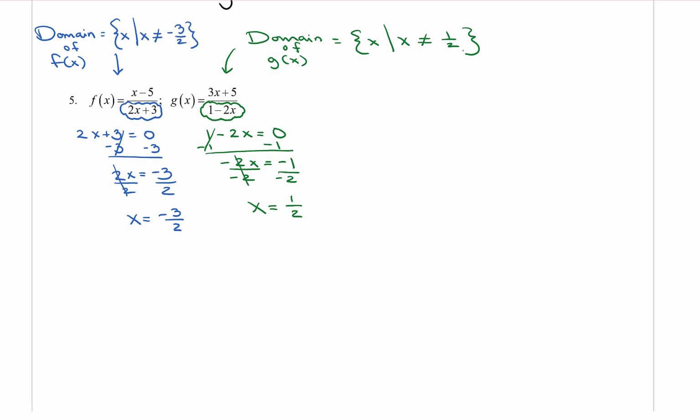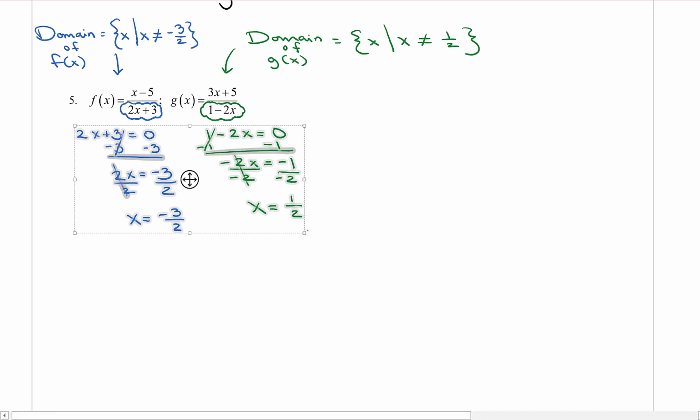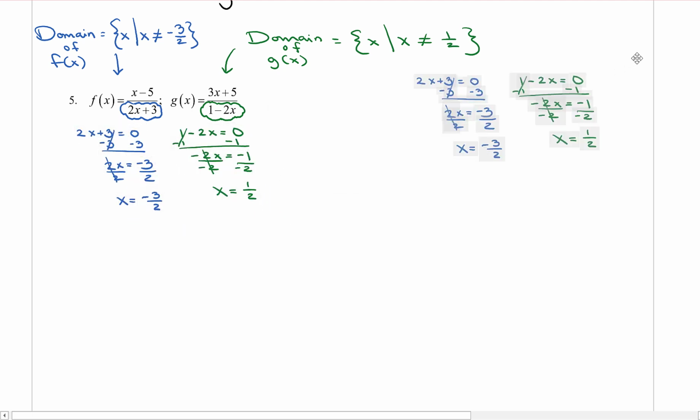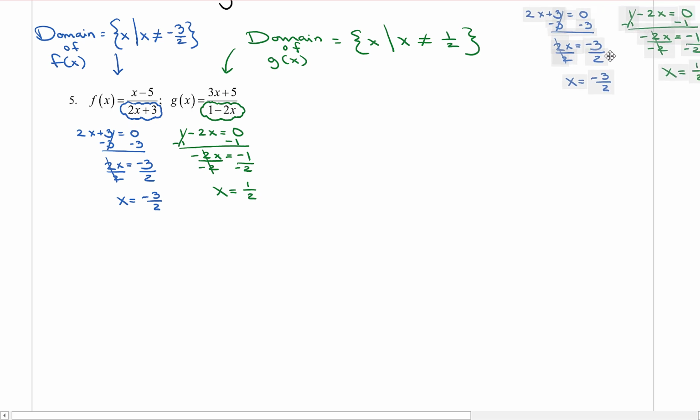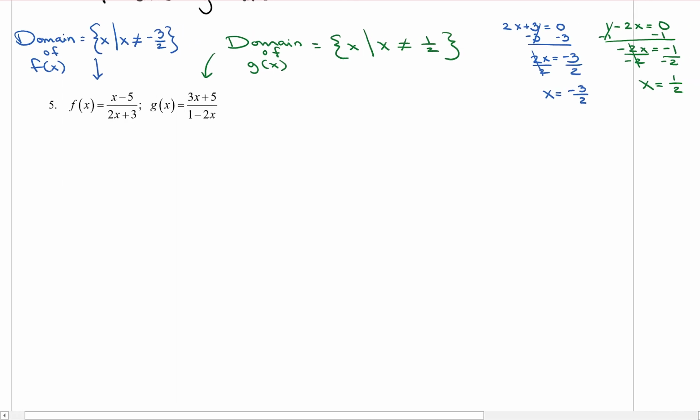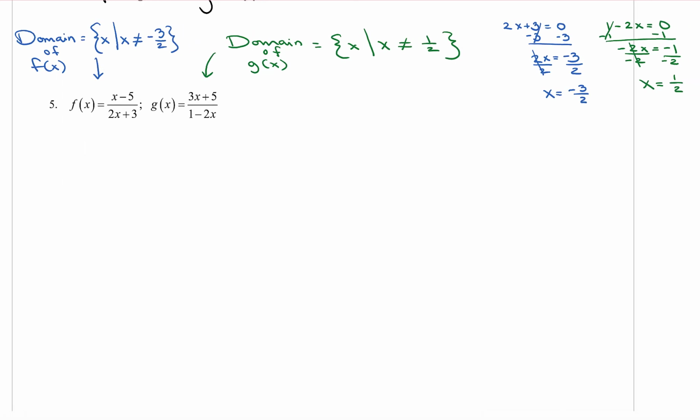Now, what do we need to do next? We need to verify, are these actually inverses of each other? In order to verify if two functions are inverses of each other, we need to find the composition of functions. So I'm going to have to find f of g of x and g of f of x.